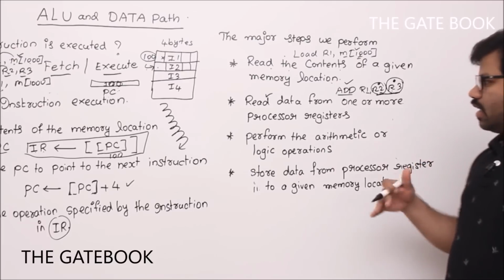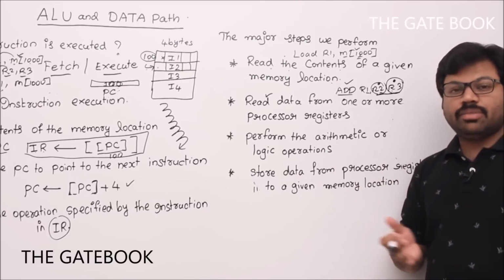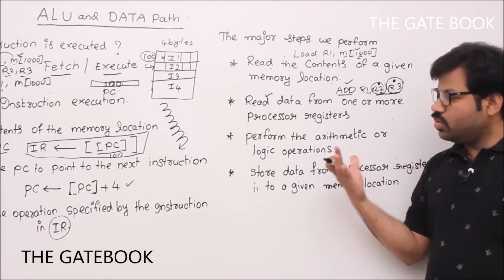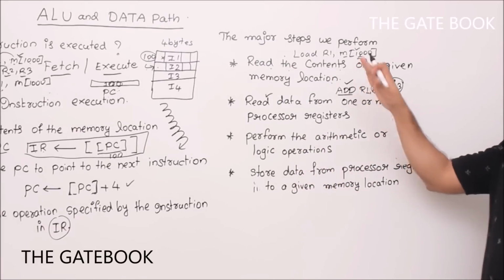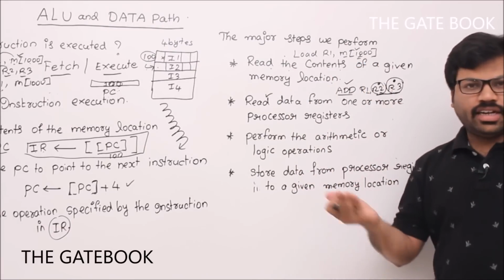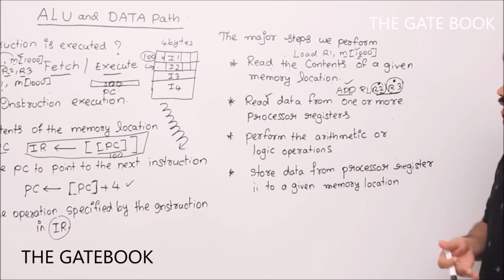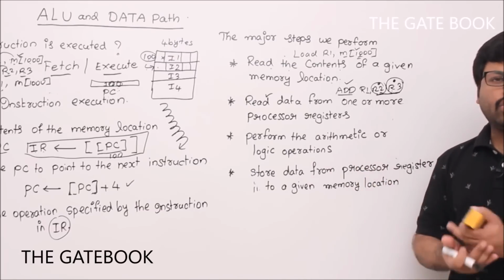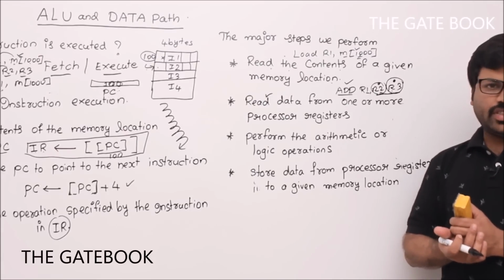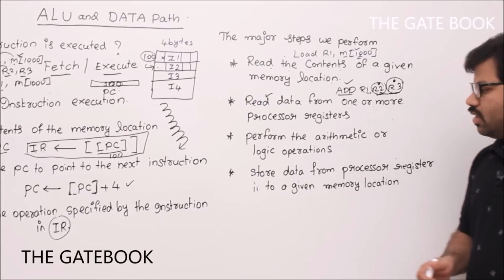So that's why I can say that the typical operations we use in execution of any instruction are reading the contents of the memory location or reading the data from one or more processor registers, otherwise performing the arithmetic. Arithmetic includes addition, subtraction, multiplication, division, maybe left shift, right shift, everything.